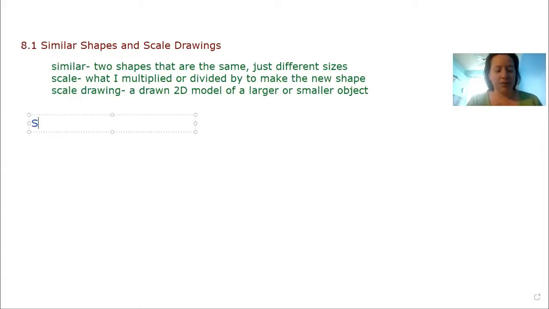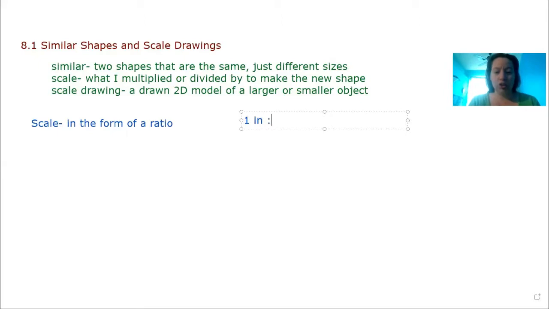Scale is in the form of a ratio. It always is. So that means that our scale will end up being something like 1 inch to 5 feet. So that means literally that every 1 inch equals 5 feet in real life.